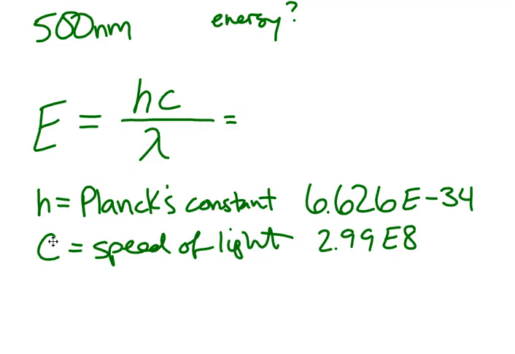Okay. Well, nice thing is, whenever I multiply a constant by a constant, i.e. h and c, the product of those two things will also always be constant. So in this case, my product is going to be 1.98 e to the negative 25th, I believe.